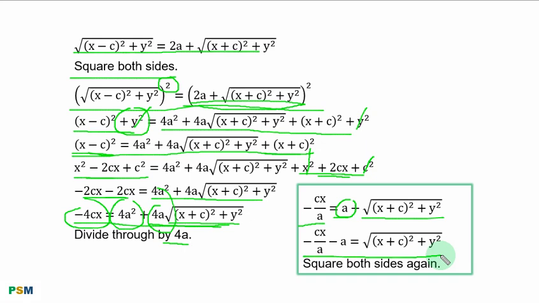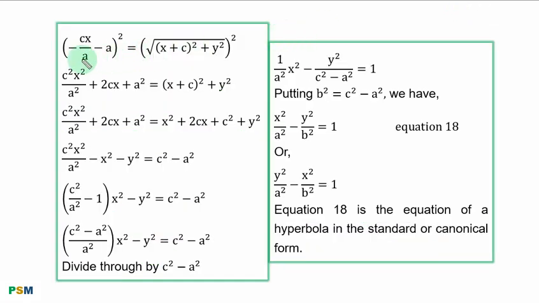To proceed, you have to square both sides again. You have the result after squaring both sides. If you expand this term, you have it in this form. The square will remove the symbol of square root. You are left with this result.